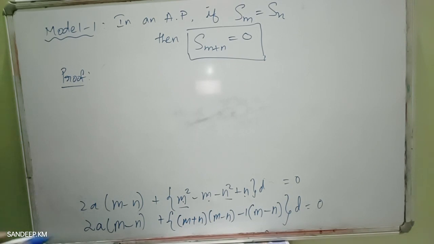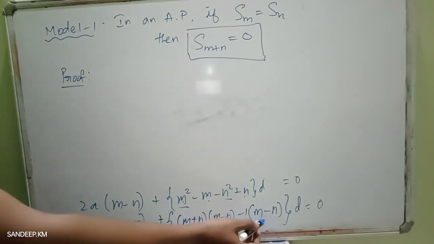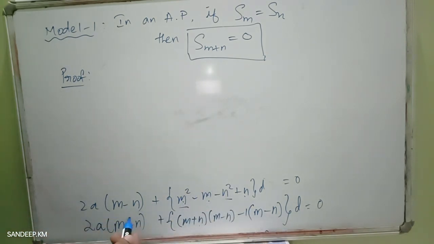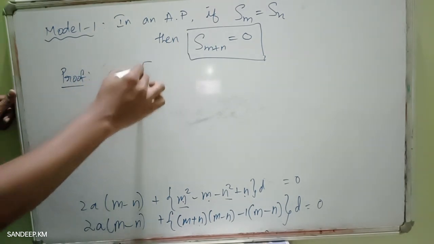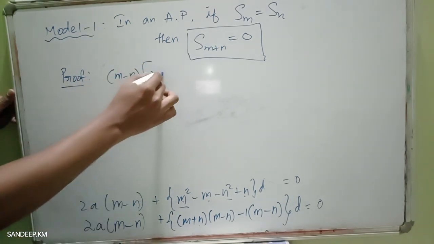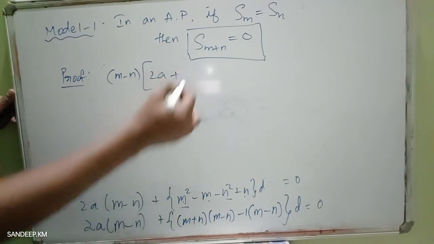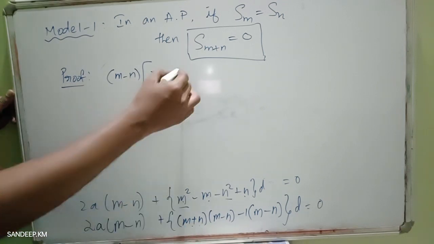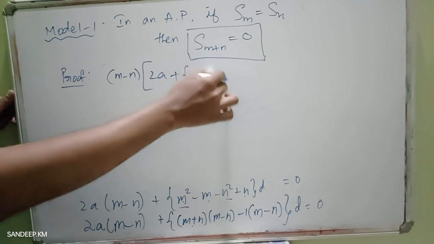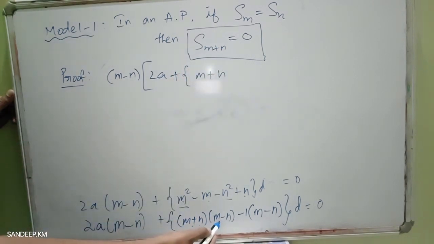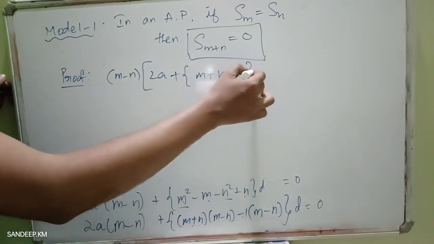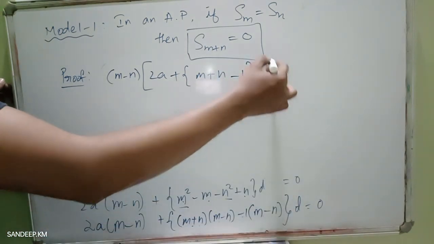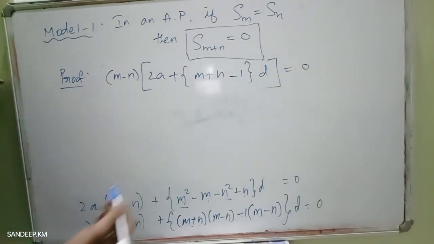Now please observe that in the first, second and third terms, we can take m minus n common. So when I take m minus n common, in the first term we have only 2a plus, in the second term we have only m plus n, and in the third term we have minus 1, close the bracket, into d equal to 0.